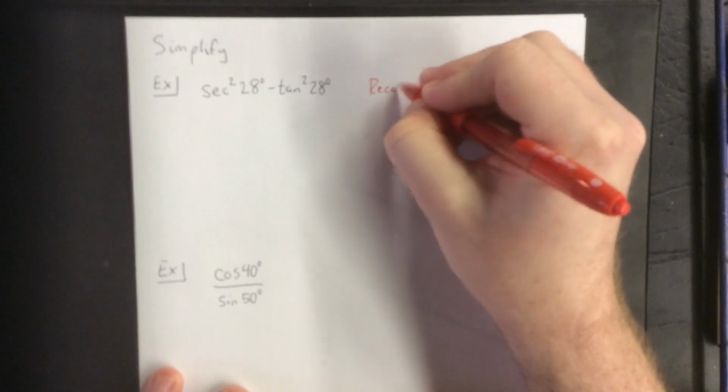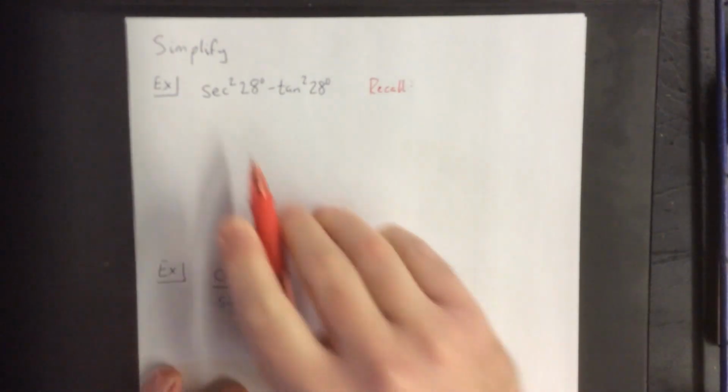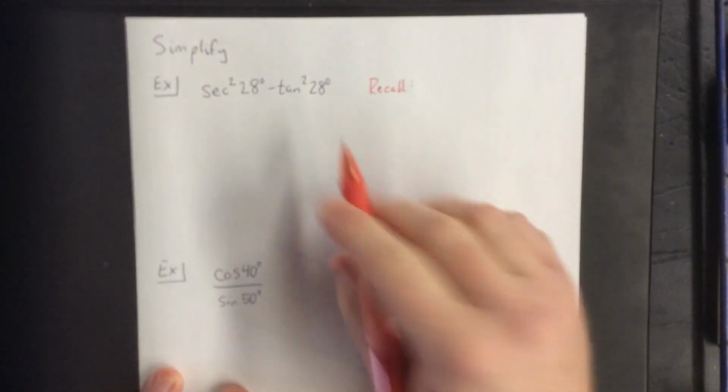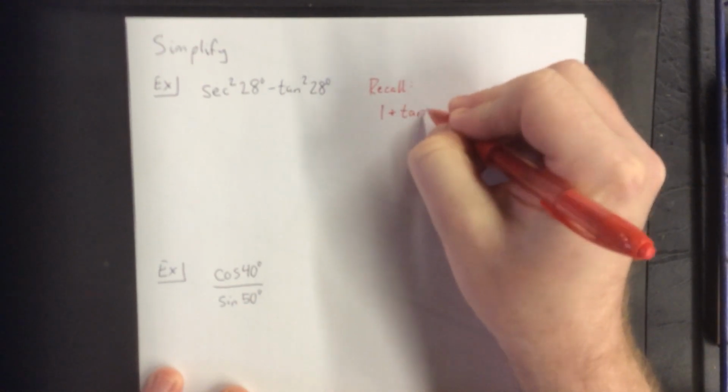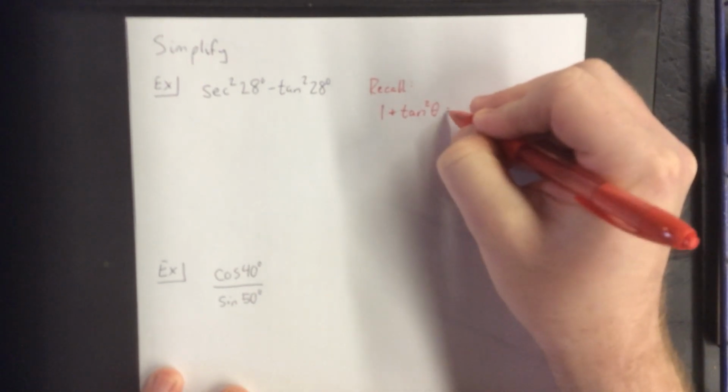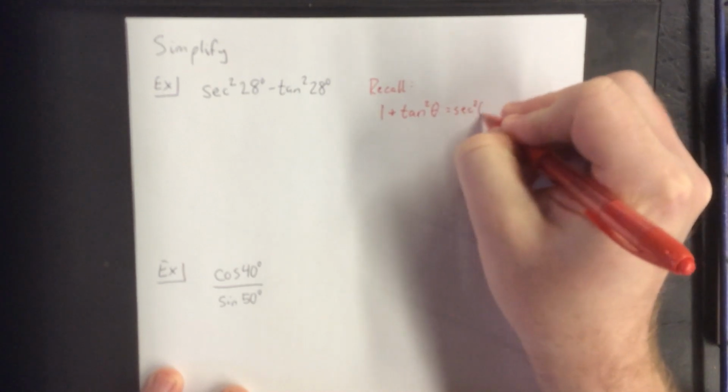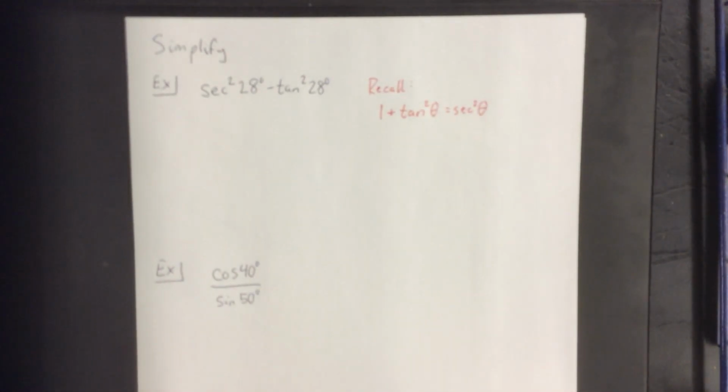So I will ask you to recall with me, there is a Pythagorean identity that involves the secant as well as the tangent, and it is that 1 plus the tangent squared of any angle is equal to the secant squared of that angle.